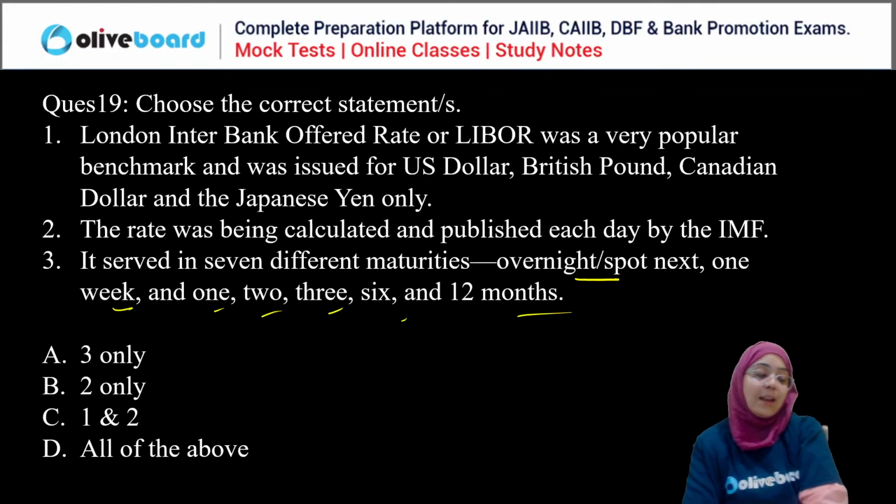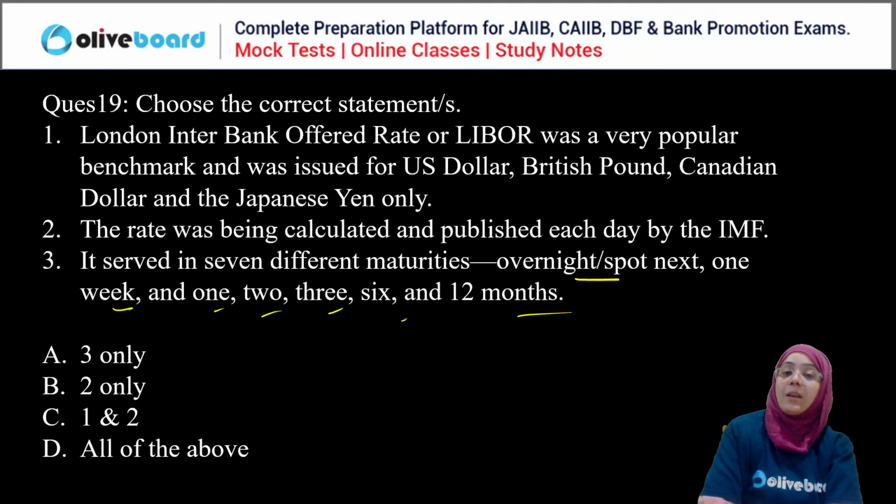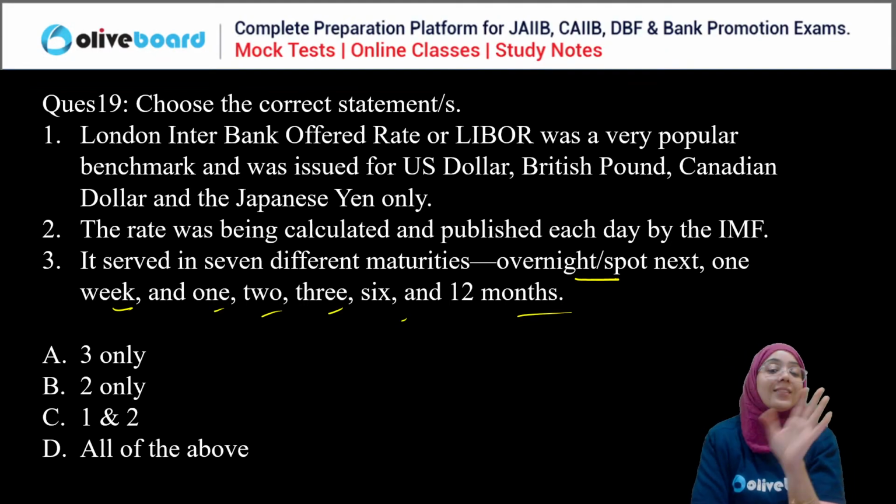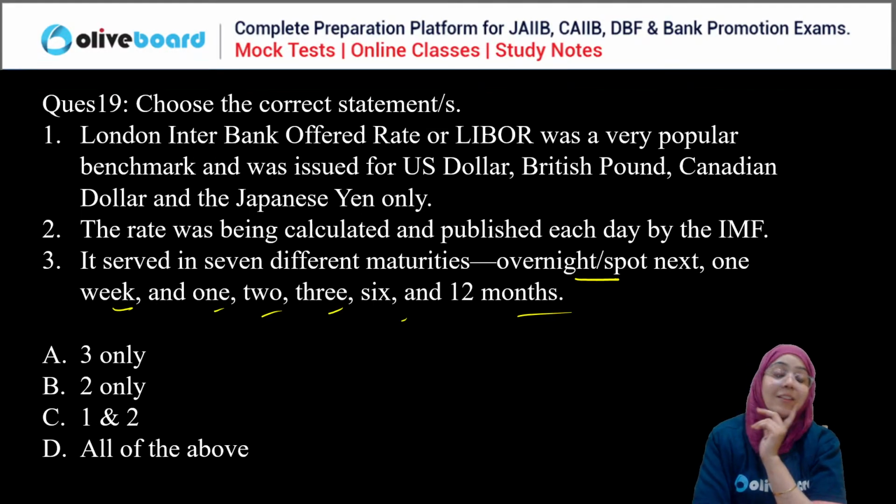Okay. Now, tell me what is wrong in the first statement and what is wrong in the second statement. Right. First and second are wrong and third is the correct one. Good. But what is wrong in the first statement? What are the currencies which are involved in LIBOR? So five currencies are involved in LIBOR. Yes, dollar is included.